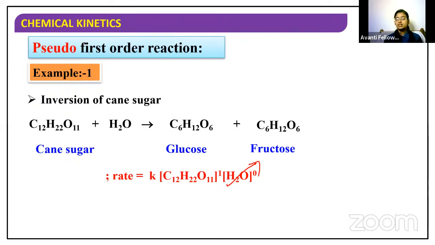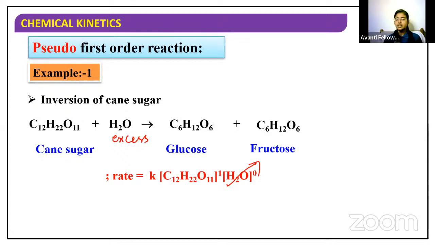I'll tell you. We are neglecting the concentration of H2O because it is present in excess. It is water, so it will be present in an excess amount. If something is present in very large excess, we will not take the concentration of that substance, because using that excess amount we cannot determine the rate of a particular reaction.